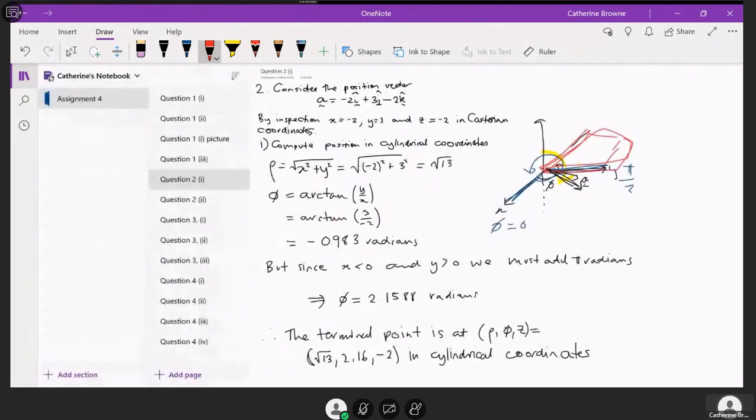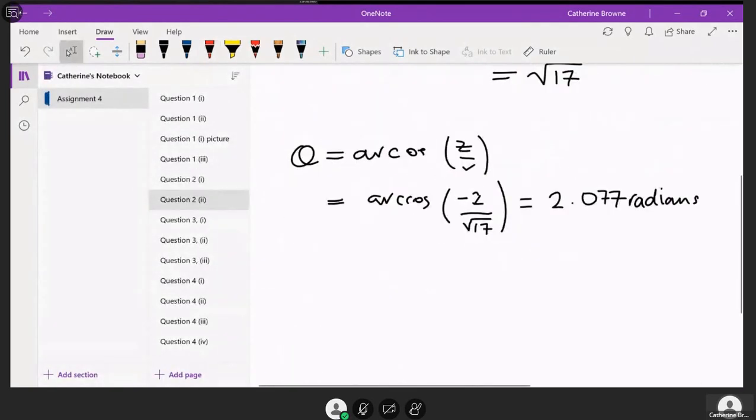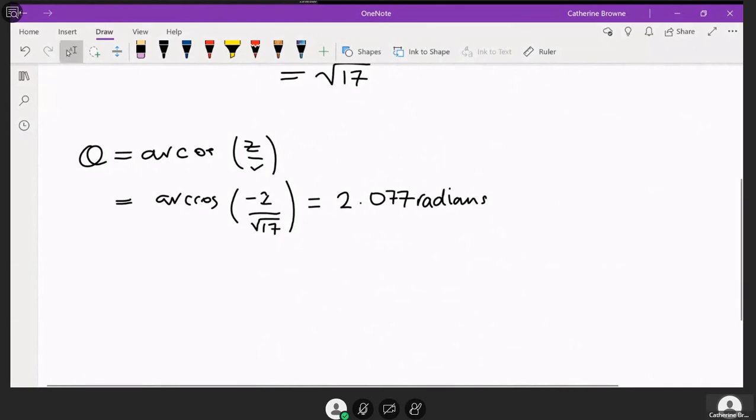But when I just used a calculator, arc cos minus 2 on root 17, I got 2.077 radians. But when I thought about it, that's bigger than pi on 2 as expected.